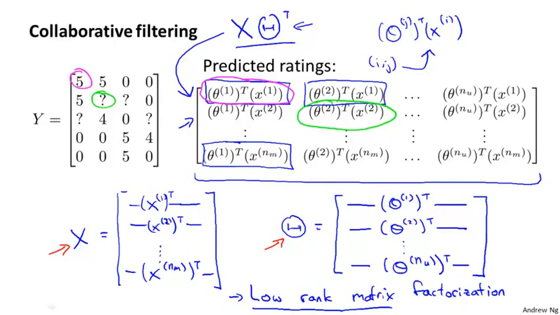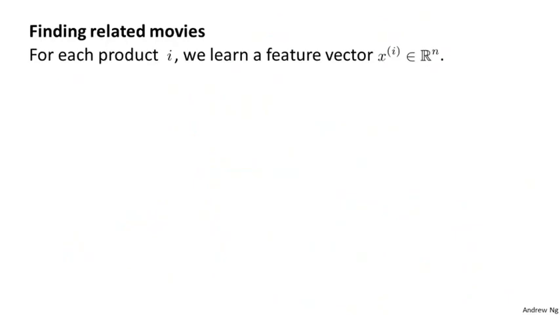Finally, having run the collaborative filtering algorithm, here's something else that you can do, which is use the learned features in order to find related movies. Specifically, for each product i, really for each movie i, we've learned a feature vector xi. When you learn a set of features, you don't really know in advance what the different features are going to be.